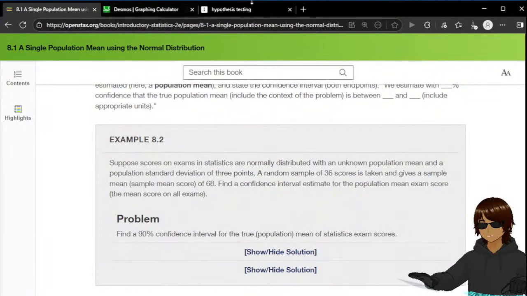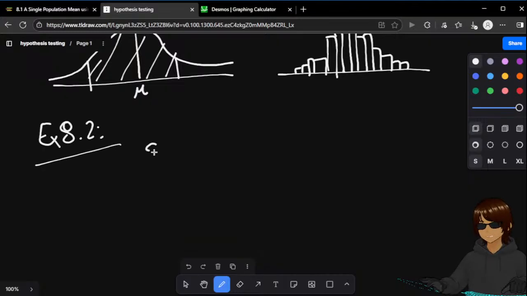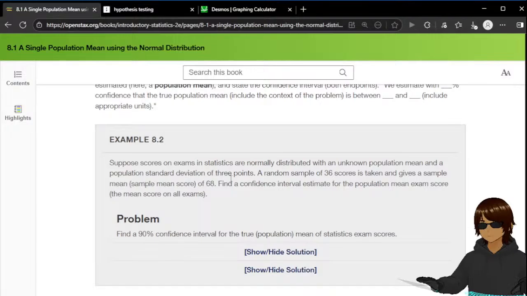This is example 8.2. Scores are normally distributed with an unknown mean and a standard deviation of 3 points.